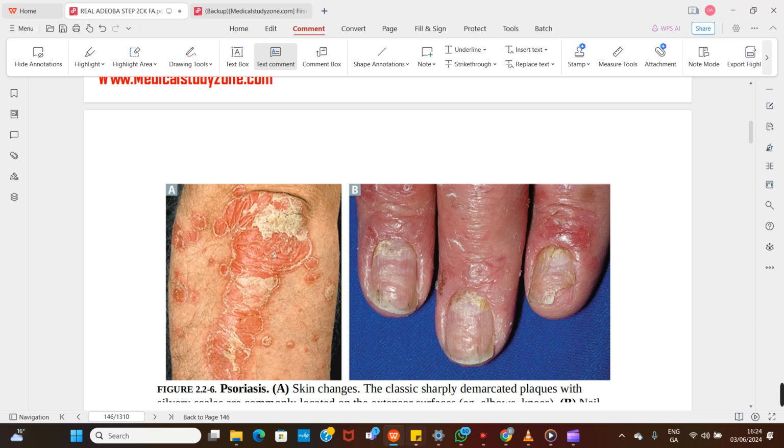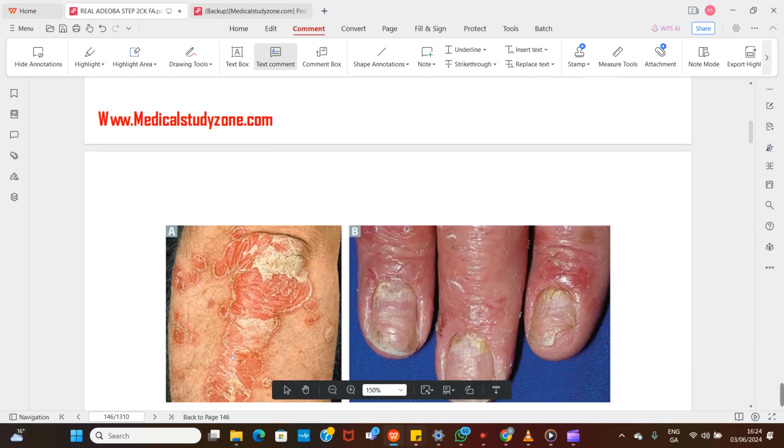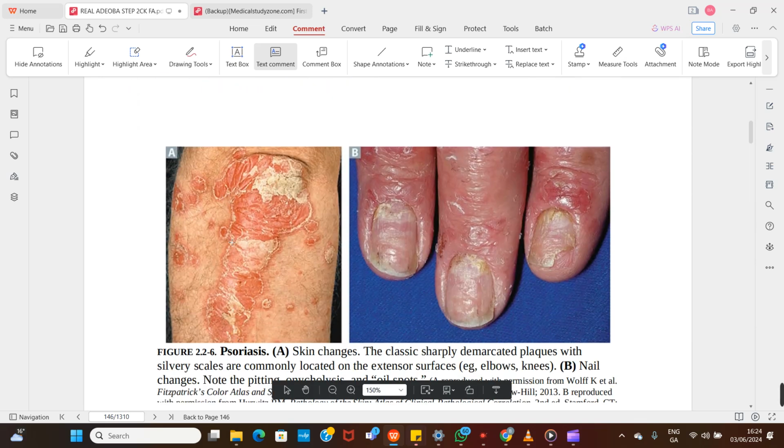But it's very common at the extensor part, like the elbows and the knee, right? The knee, the elbow, the back, the lumbosacral area usually, and the scalp. Those are the common areas. Don't forget, they are well demarcated plaques, erythematous, with whitish or silvery scales covering.